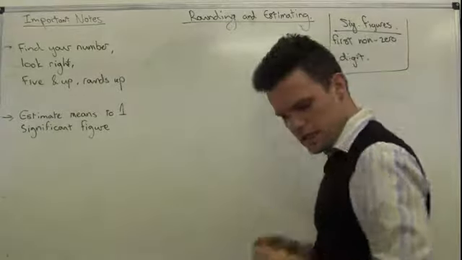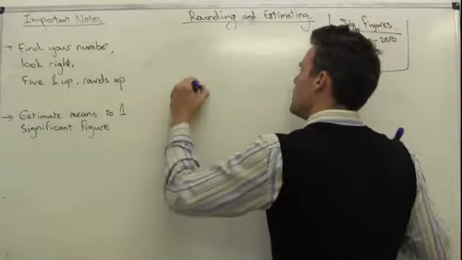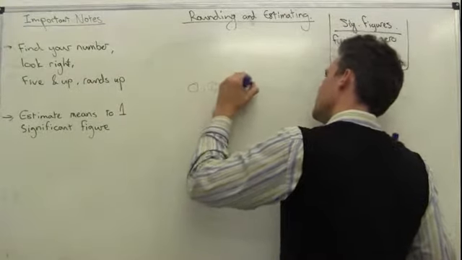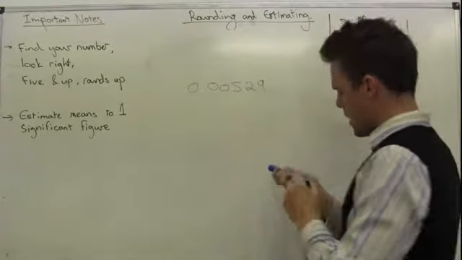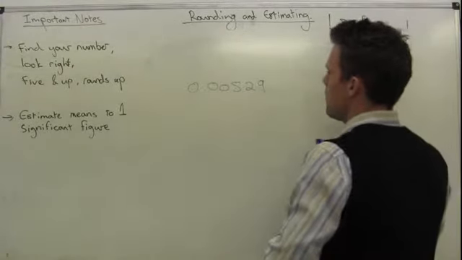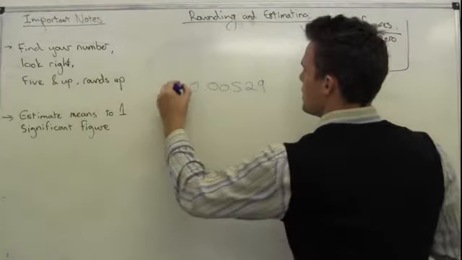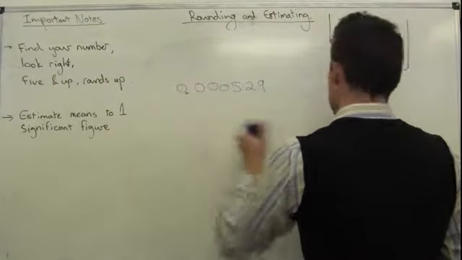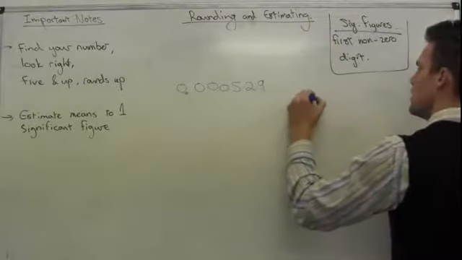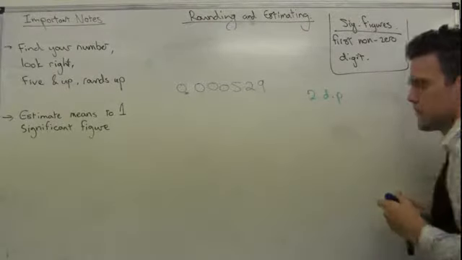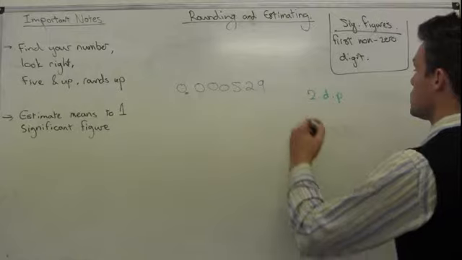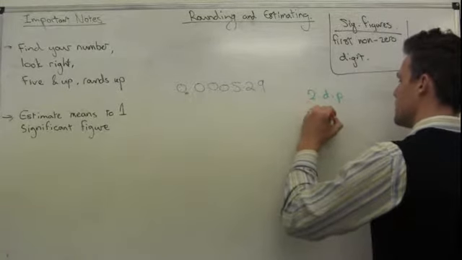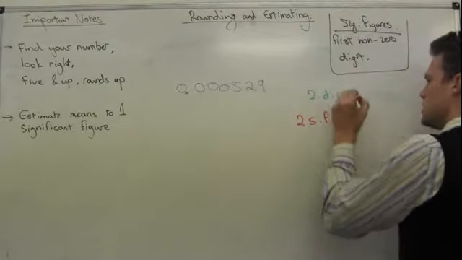So decimal places, if I were to round that to, let's actually put in another 0 here. Right, let's put another 0. If I were to round that to 2 decimal places, and I was also asked to round it to 2 significant figures, let's see what happens here.